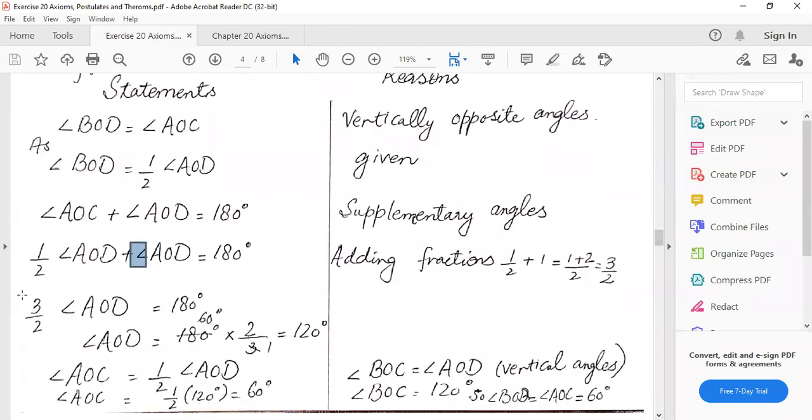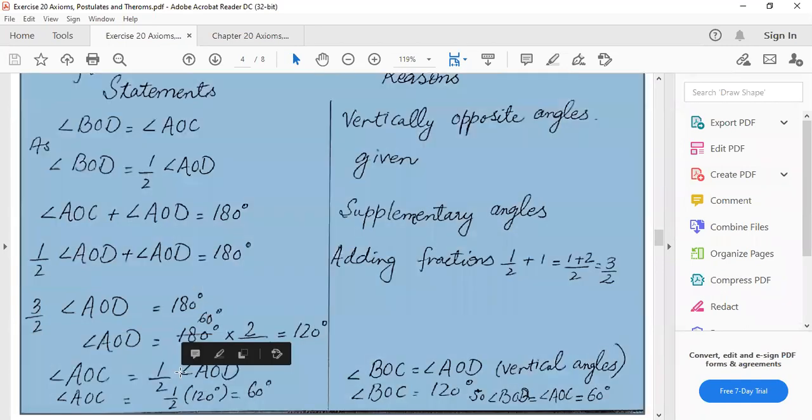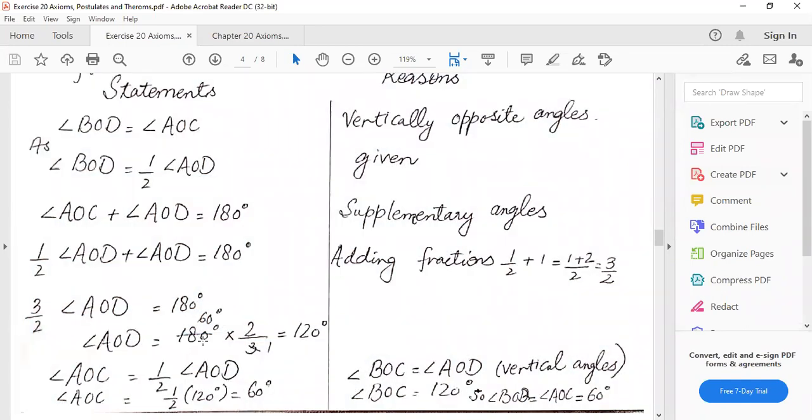3 by 2 AOD equals 180. Keeping the value, the fraction will be inverted when you bring it to the other side. 3 by 2 will be changed into 2 by 3 because it is multiplied on the other side.